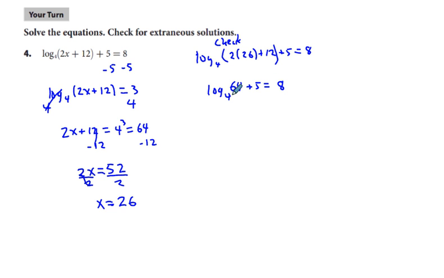And then a logarithm is what power do you need to raise the base to equal that number? Well, 4 to the third power is 64, so on the left side we have 3 plus 5 equals 8, and we're left with 8 equals 8. Check. So x is equal to 26.